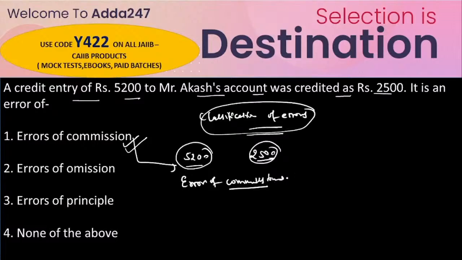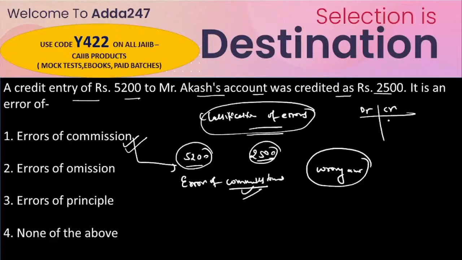So whenever you find that an entry is posted in the wrong amount or on the wrong side, this type of error is known as error of commission. One more thing we include here is if the mistake happens in the totaling of the debit and credit. Suppose this is the debit and this is the credit side, and the mistake happens in the totaling of the debit side, or the totaling of the credit side.